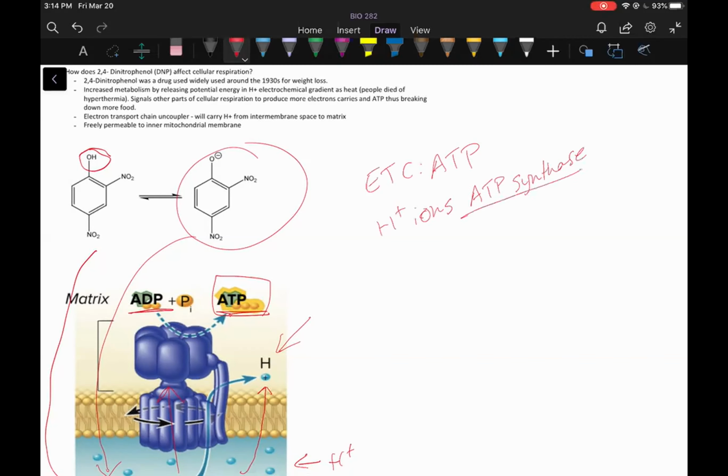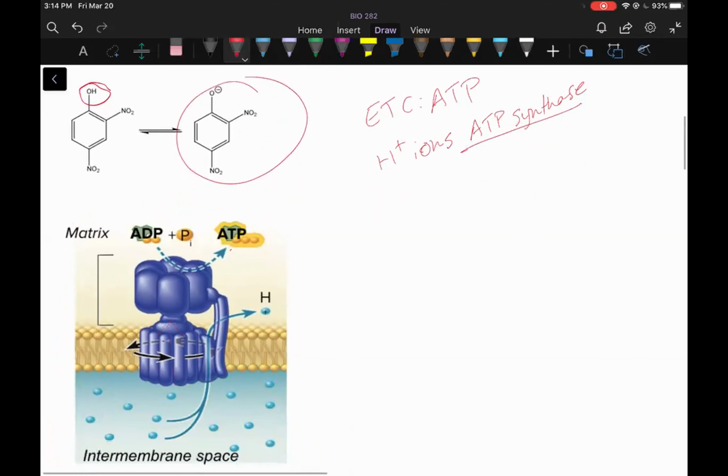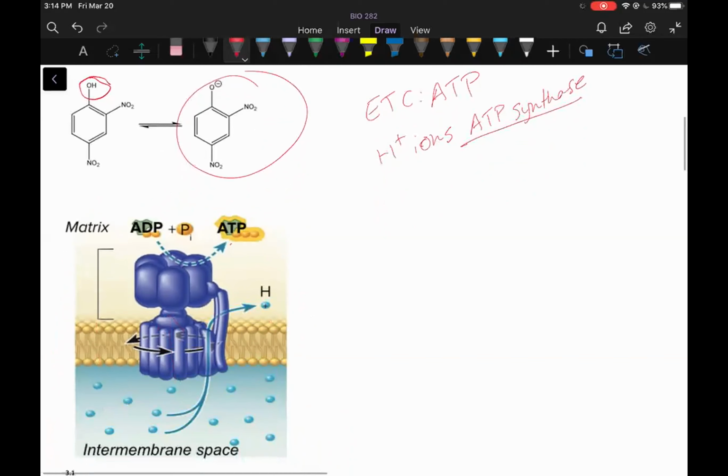Okay, so during the electron transport chain, we're going to create this high hydrogen ion concentration gradient in the inner membrane space. Remember, when all those electron carriers go into complex 1 and complex 2, we make that hydrogen ion concentration gradient.